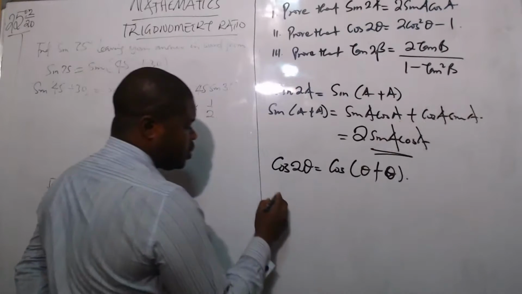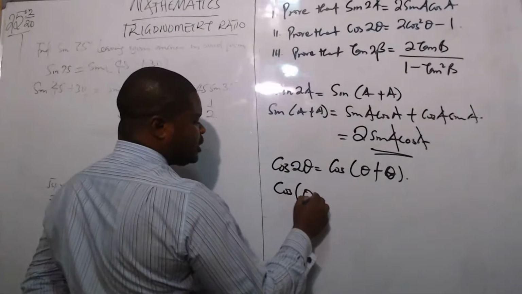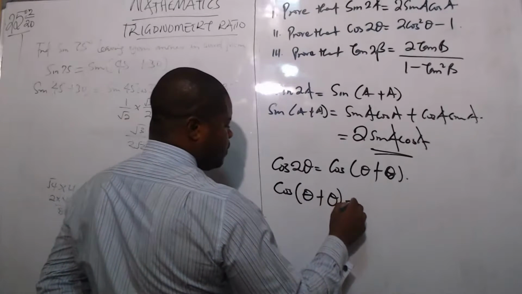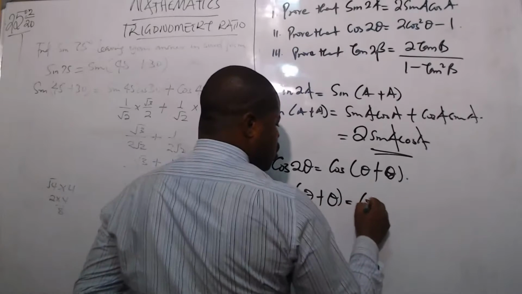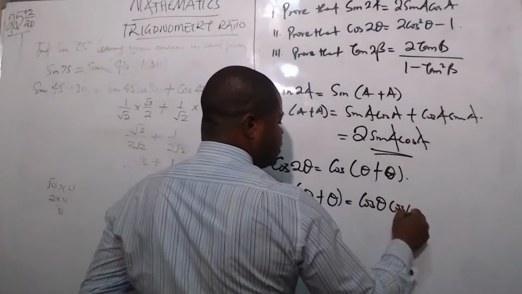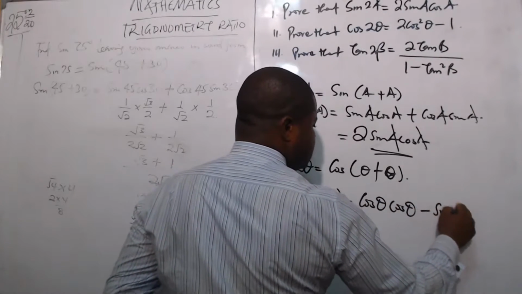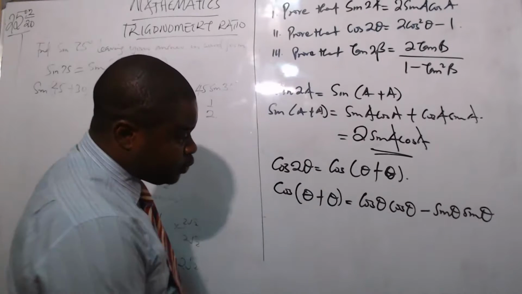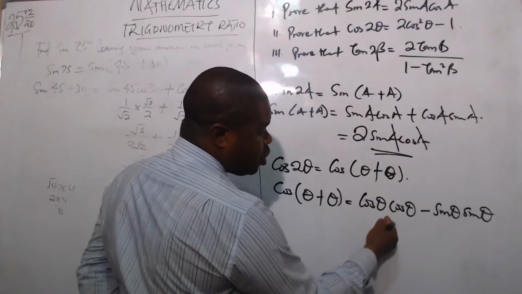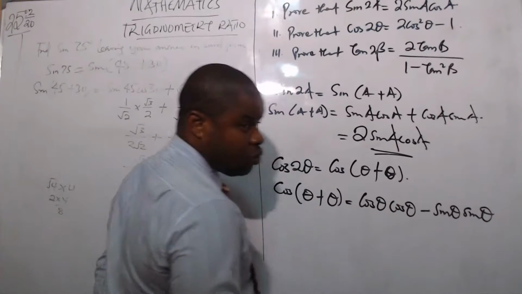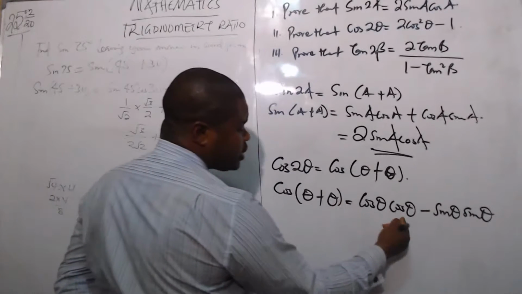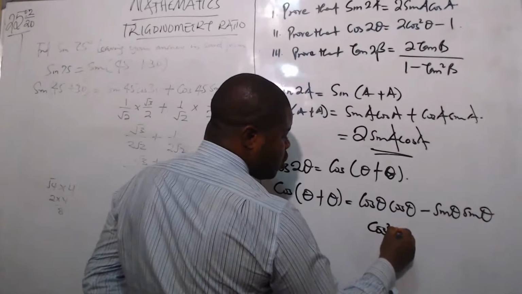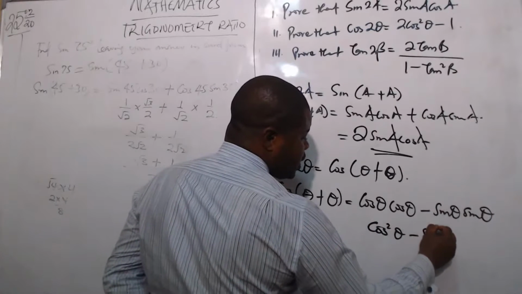That will give us cos theta cos theta minus sin theta sin theta. In mathematics, when we don't have a sign between two numbers, it's regarded as multiplication. So cos times cos, we have cos square theta minus sin square theta.